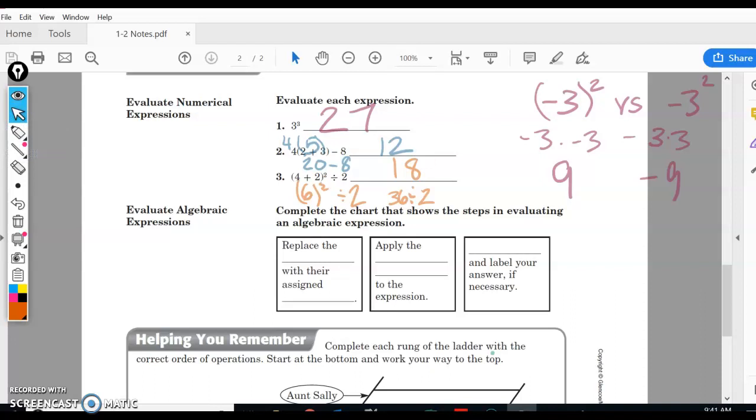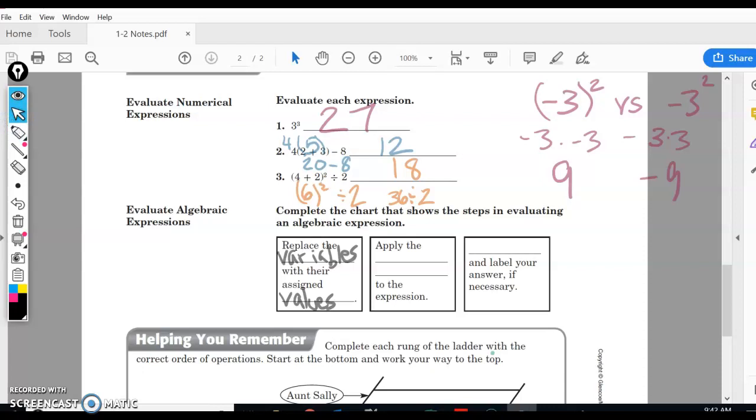Something else we're going to do in this unit is called evaluating expressions. When we evaluate expressions, you're going to have variables, and you're going to replace the variable, instead of writing a, b, c, x, or y, you're going to assign them values. So they're going to say x is 2, so instead of x, you'll put 2. Or if it says y is -3, instead of y, you'll put in parentheses -3.